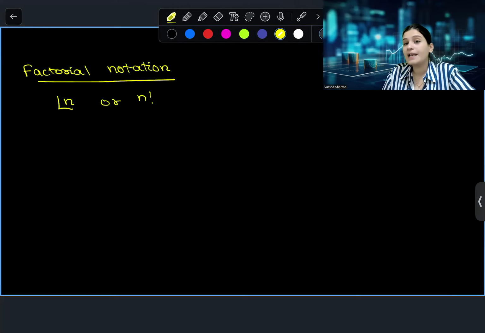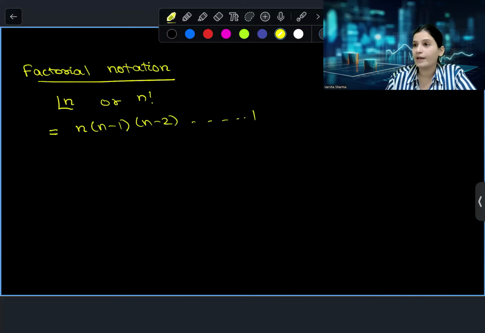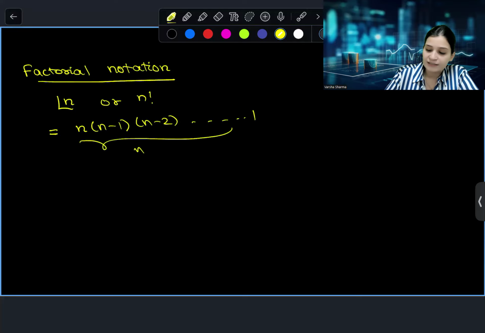It says multiply all natural numbers from n till 1. When I open a factorial, first the number comes itself, then a number smaller than that, n minus 1, and again smaller than that, and you keep on multiplying till you get 1. So when you open n factorial, there are n factors.